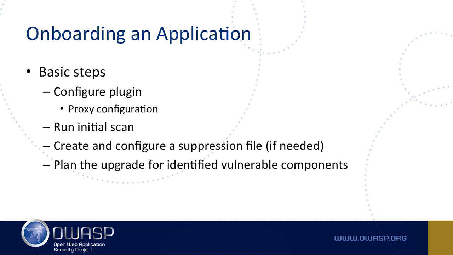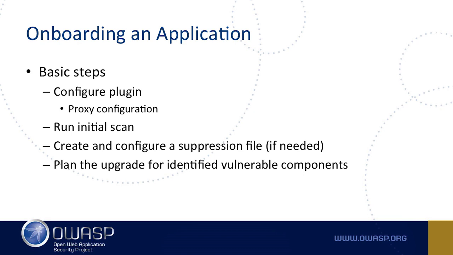But in general, the best way to run it is as a plugin in the build. Dependency Check does require access to the internet, so you might have to do some proxy configuration. If your build servers can't access the internet, there is documentation on how to deal with that on the documentation site.